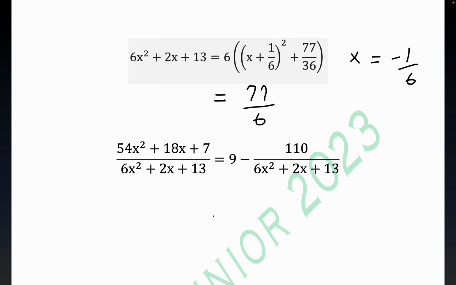So what we have right here is 9 minus 110, which was the remainder upon the long division a while ago, over 77 over 6.